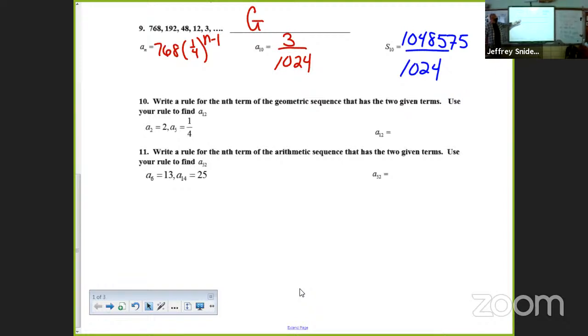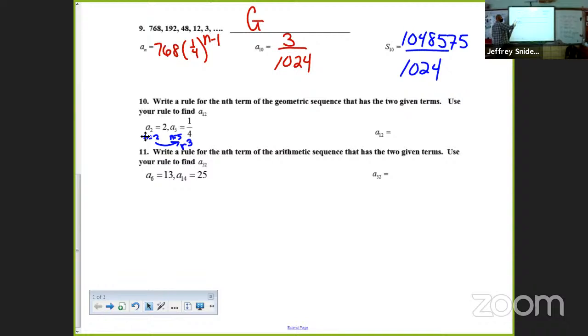Now, I'm just going to do this one. Since this is n equals 2 here and n equals 5 here, that means between here and here it's an r cubed. That means I've multiplied by the ratio 3 times.